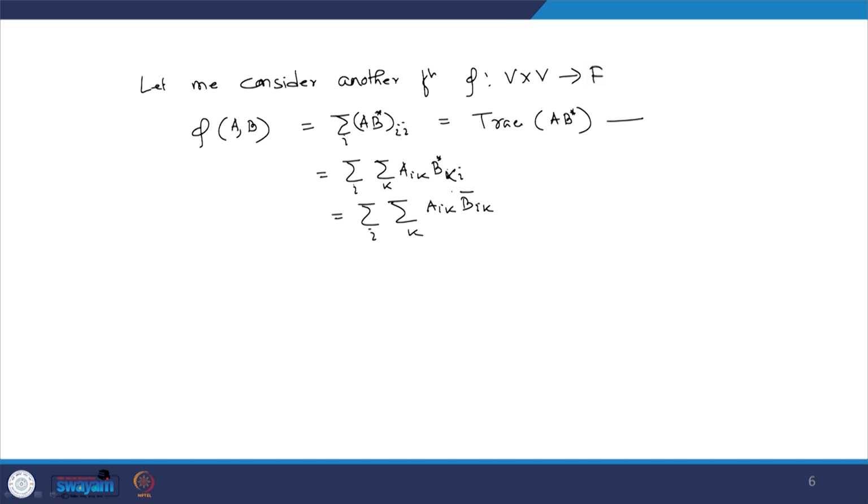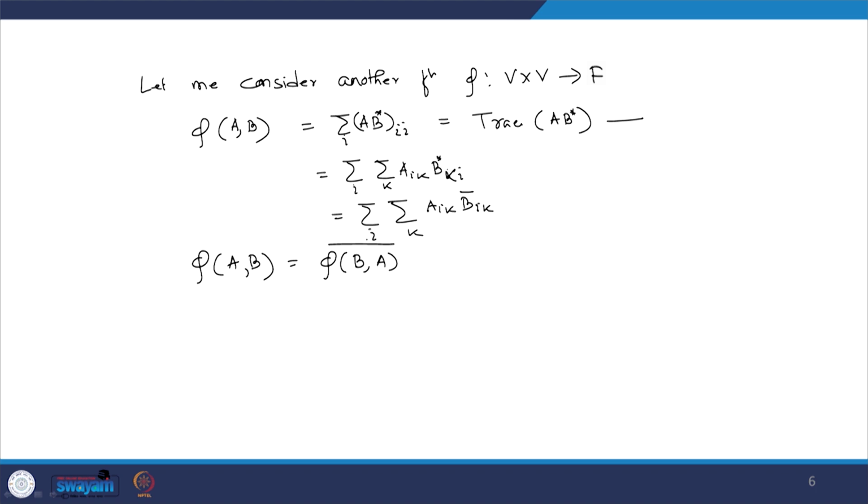So this implies that phi of A comma A will also be a positive definite quantity if A is not equal to 0, and you will also see that it satisfies the linear property, the constant second axiom, and the third axiom that phi of A B equals the bar of phi of B A. You can check that phi of A B equals phi of B A bar.